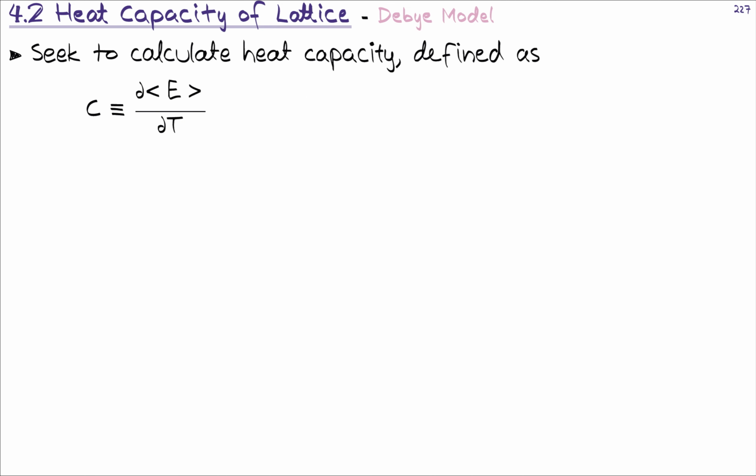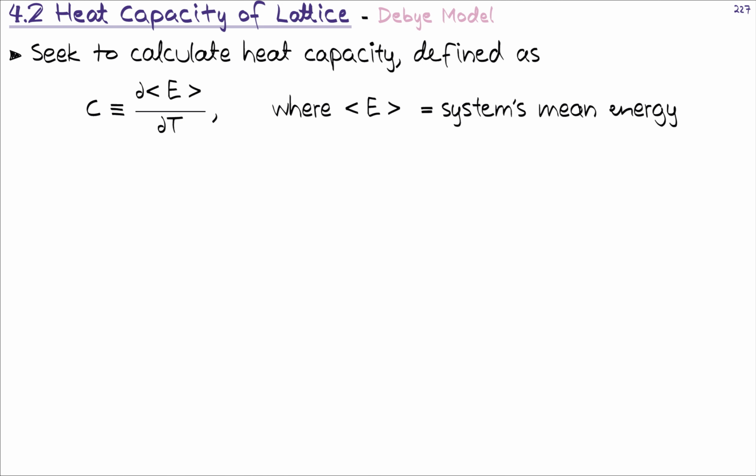So the heat capacity is defined as the partial derivative of the mean energy with respect to temperature, and here E is the system's mean energy. This is what we must figure out. How do we calculate the mean energy? Of course, we must know all the ways the system can store energy, and this is what we have been looking at so far.